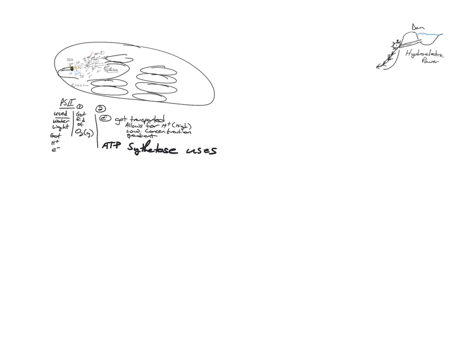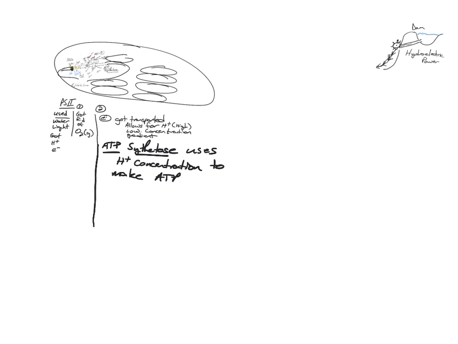The hydrogen ion concentration to make ATP. Right? Synthetase means what? To synthesize, to make. It's the ATP maker. All right? So it uses the hydrogen ion concentration as it goes from high to low. It turns the machine and ATP is made over and over and over again.